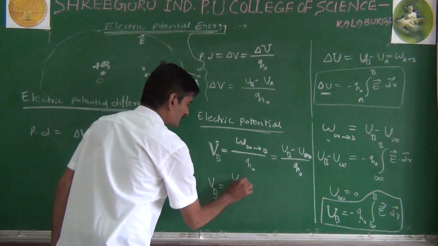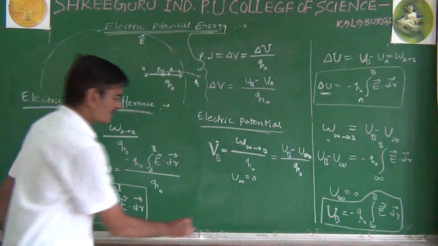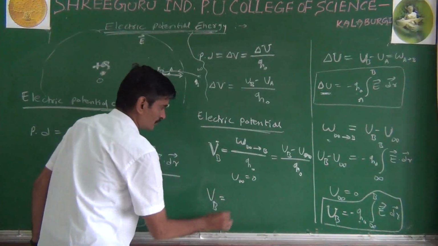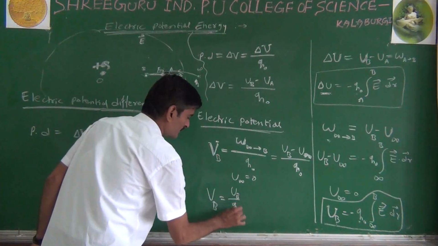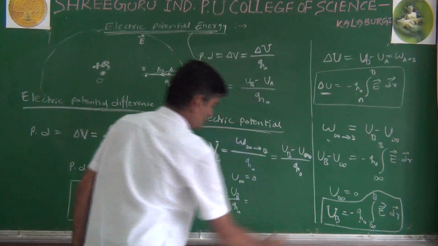And U infinity, that is potential energy at infinite distance, is 0. Therefore, VB is equal to UB divided by Q naught.